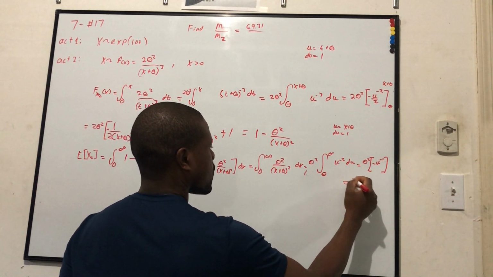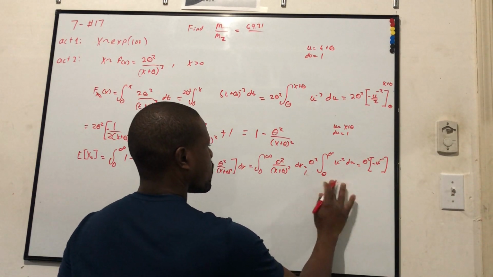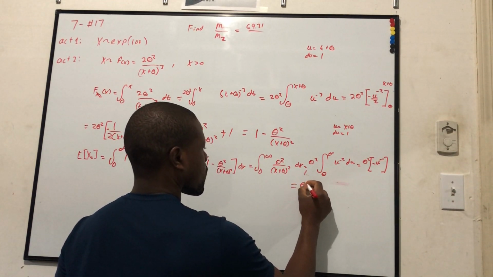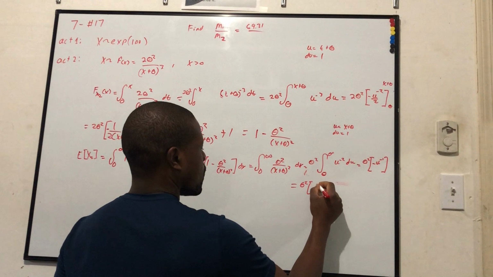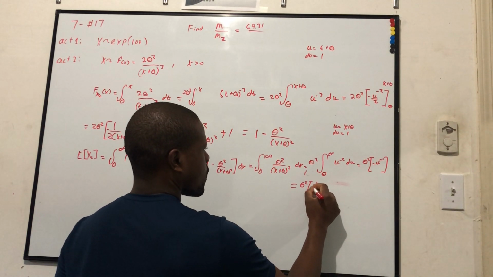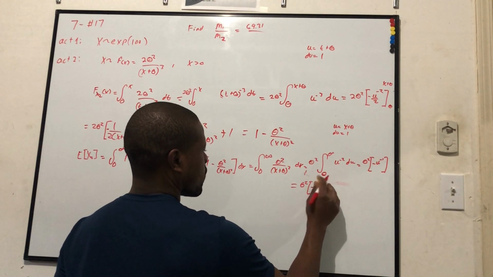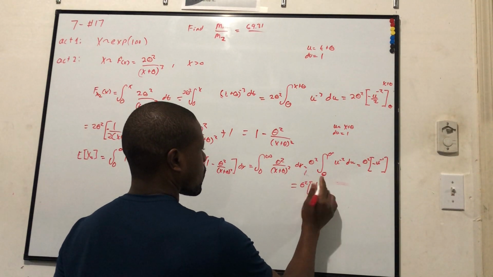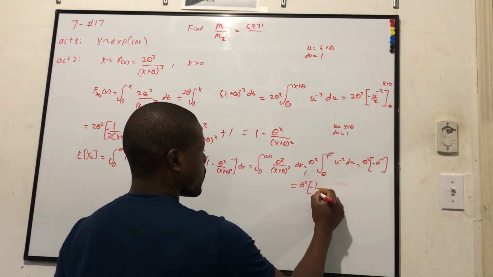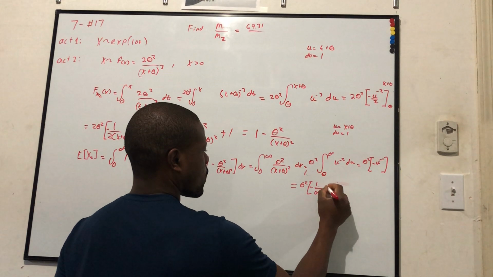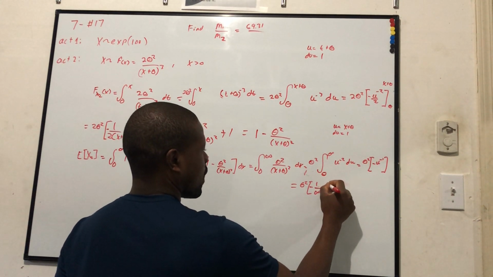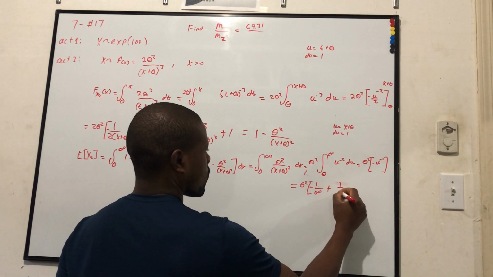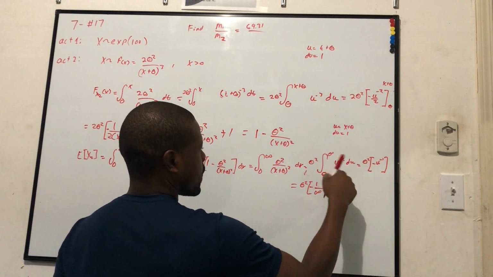So then we're left with 1, and this is a negative over some infinity number, and this now is going to be positive 1 over theta, because theta goes in there, right?